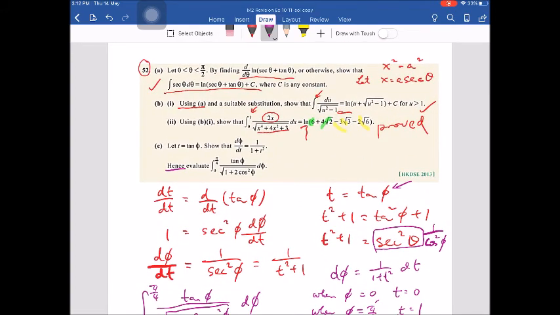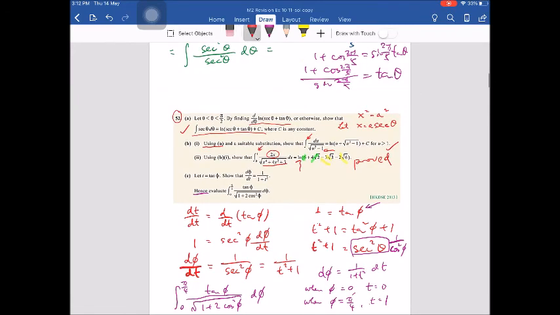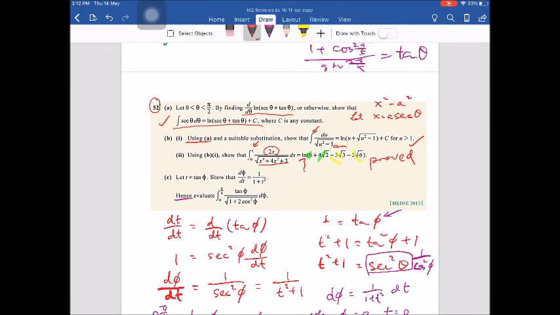And then now we go back to these two parts. Part A, this one, you differentiate it. You differentiate this and it becomes 1 over secant theta plus tangent theta, times the derivative: differentiate secant becomes secant tangent, and differentiate tangent becomes secant square theta.